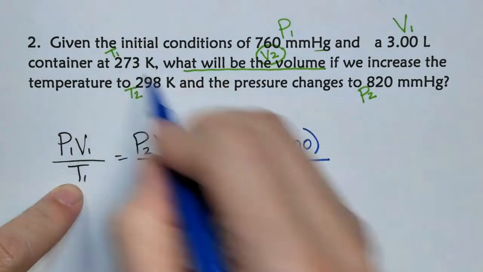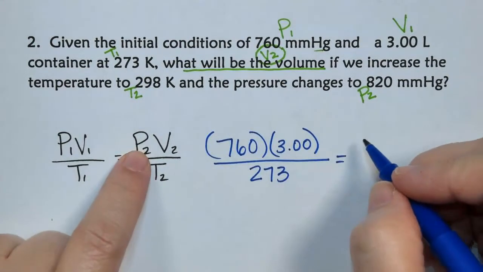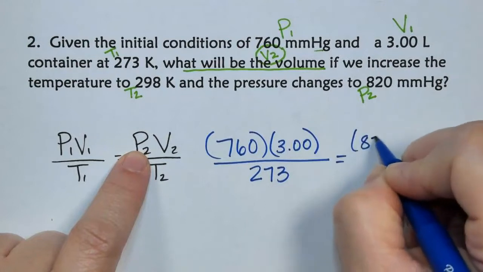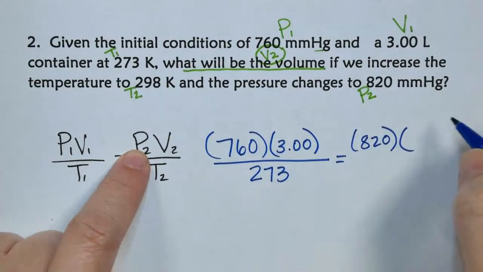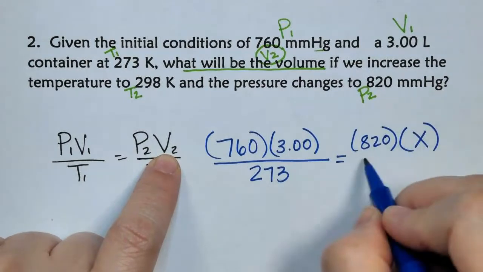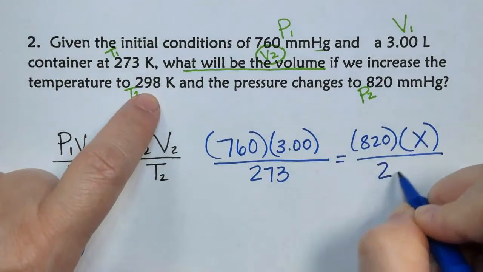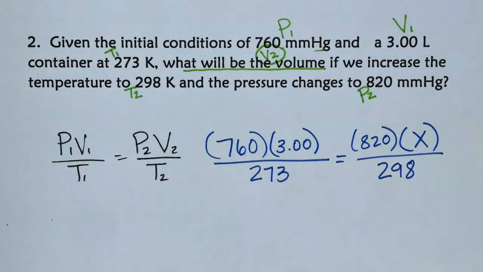Again, because that's in Kelvin, I don't have to add 273. Equals, the P2 is 820 millimeters of mercury. The V2 is what I don't know, so that's my X. And then I'm going to put it all over my T2, which is in Kelvin already, so that's 298.